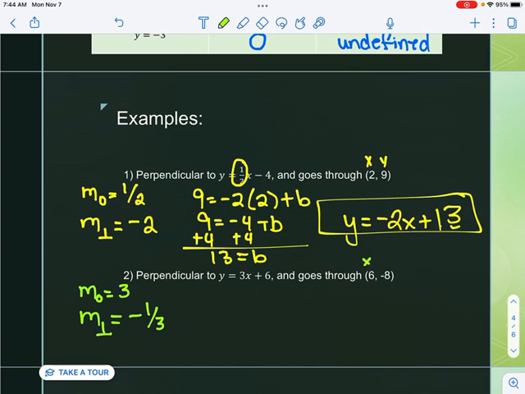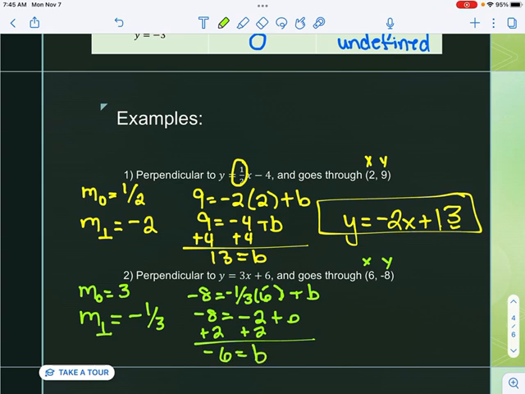Now I take my ordered pair, x, y, so -8 equals -1/3 times 6 plus b. So -1/3 times 6 gives me a negative 2 plus b. I'm going to add 2 to both sides, and I end up with negative 6 equals b.